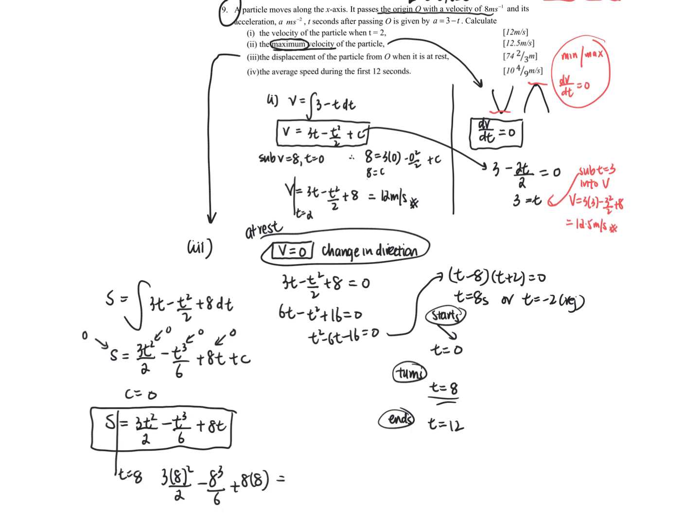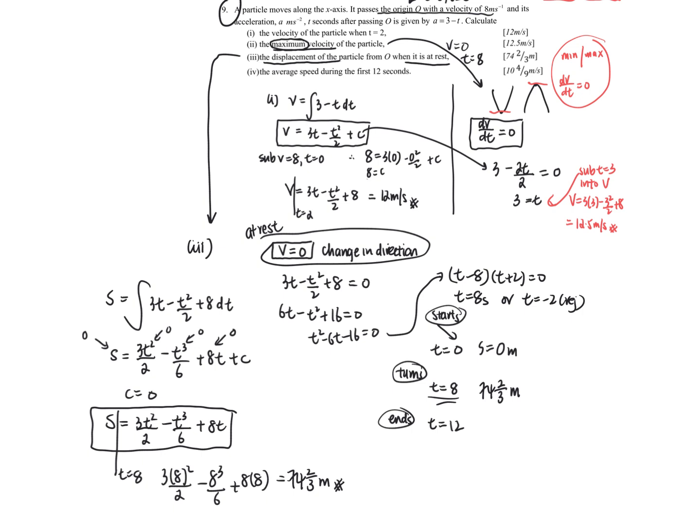Do I have it here? This question says find the displacement of the particle when it is at rest, and it happens at 8 seconds. So what's the value? Oh, I got 74 2/3 meters. So this is 74 2/3 meters. This is 0.